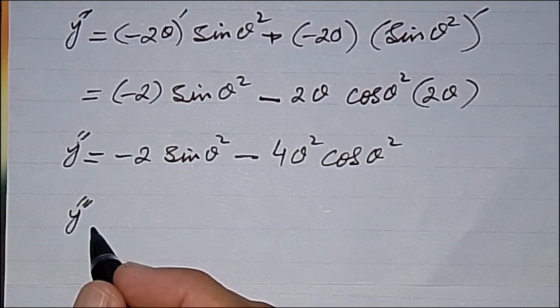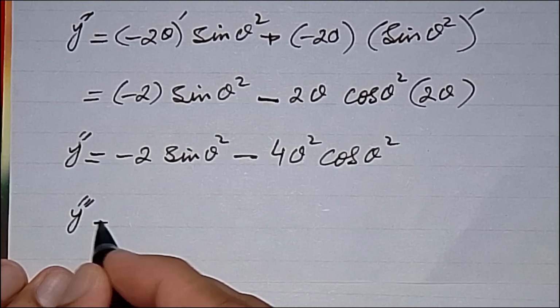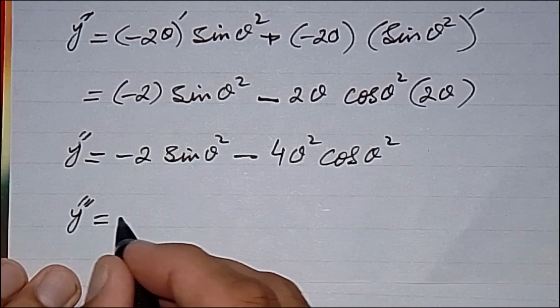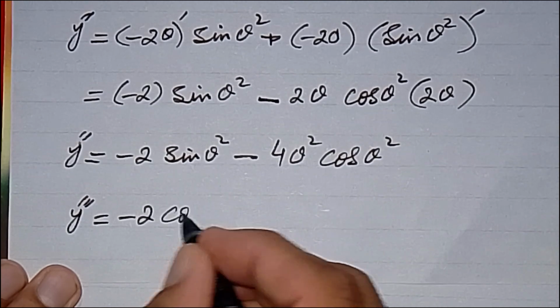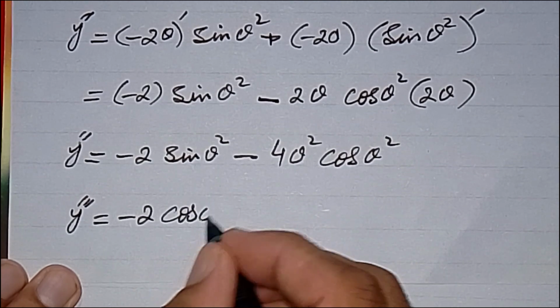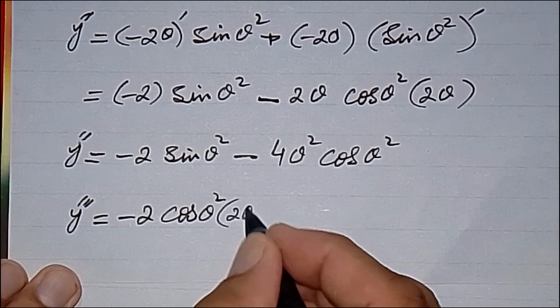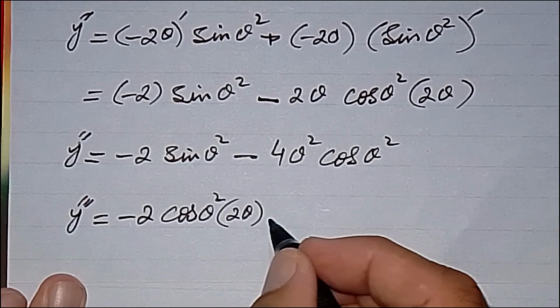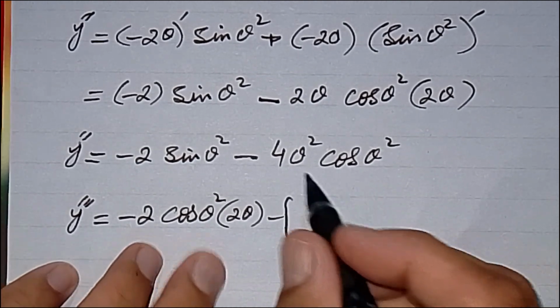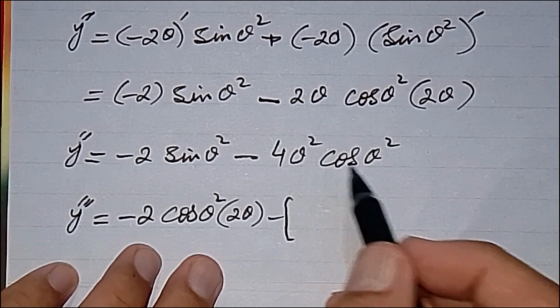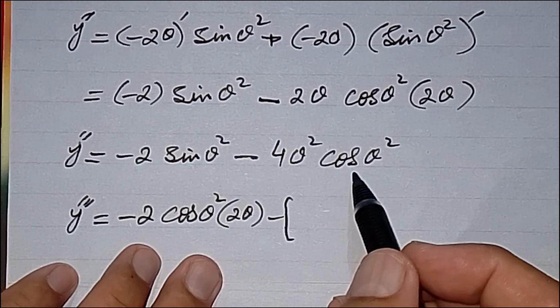Third derivative is equal to minus 2. The derivative of sine is cos theta square into 2 theta, minus, there are two functions, 4 theta square and cos theta square.